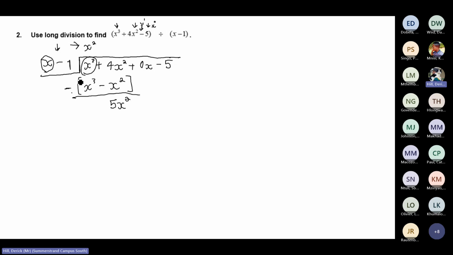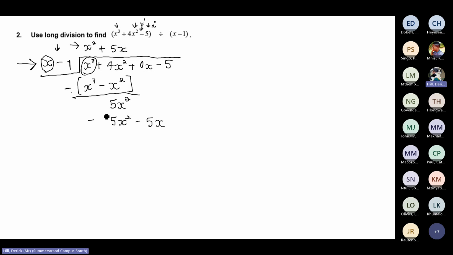So now I'm going to ask, what is 5x squared divided by my first term over here, my x? 5x squared over x means I'm left with a 5x. Now, once again, I'm going to multiply the 5x by the x minus 1. 5x times x gives me 5x squared. 5x times minus 1 gives me minus 5x.